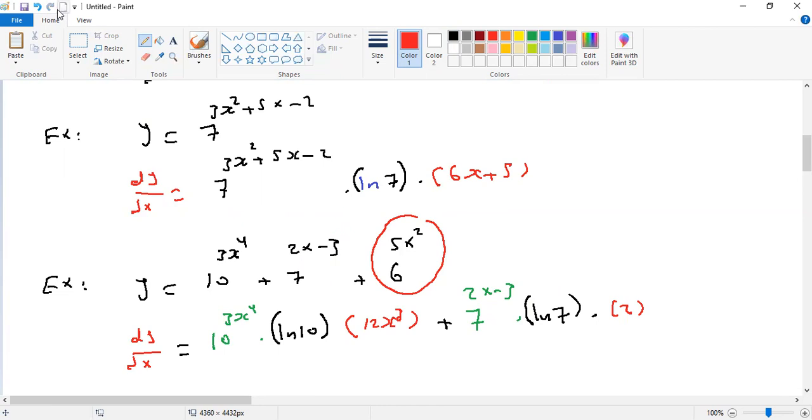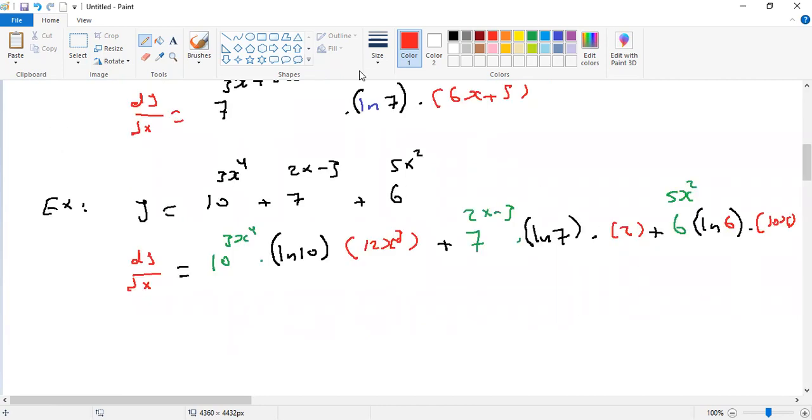So to find the derivative, again, plus, first write 6 to the power 5x squared, then times ln of the base, ln 6, multiplied by the derivative of the power 5x squared, which is 10x. So multiply by 10x. This is the answer and the derivative.